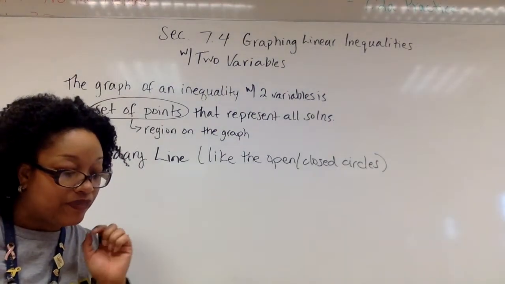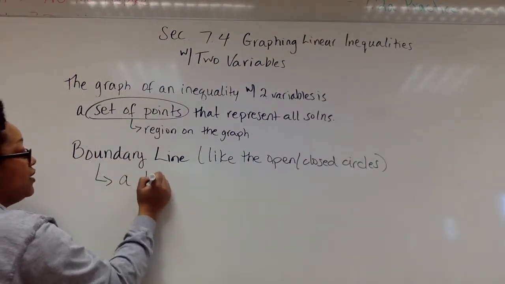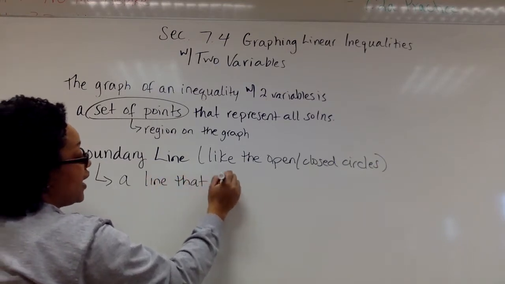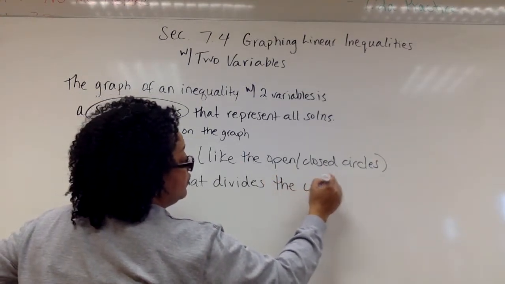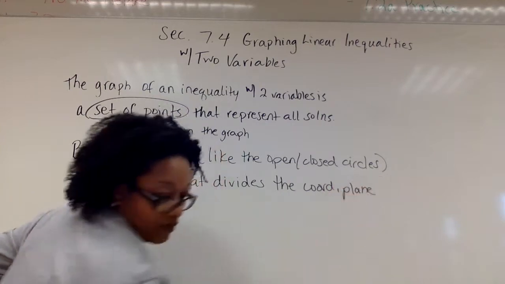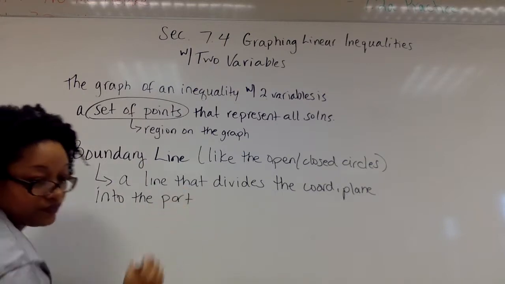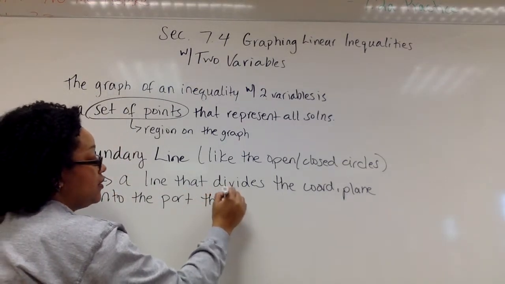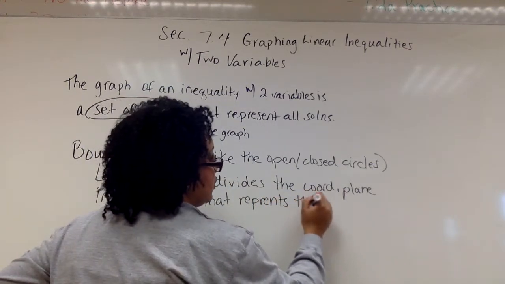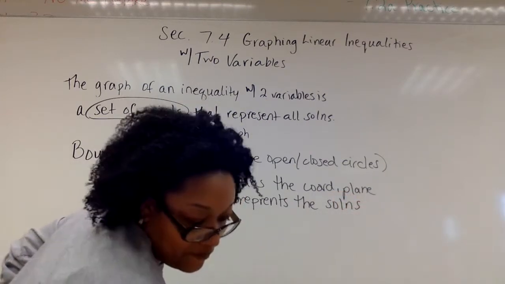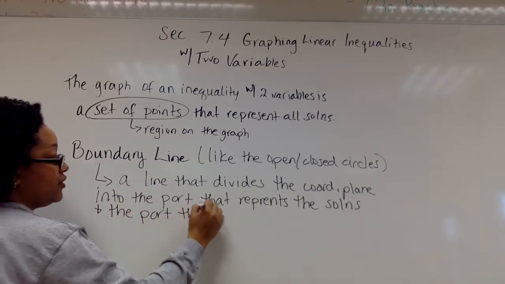So let's talk about a boundary line. By definition, it's going to be the line that divides the coordinate plane into the part that represents the solutions and the part that doesn't.